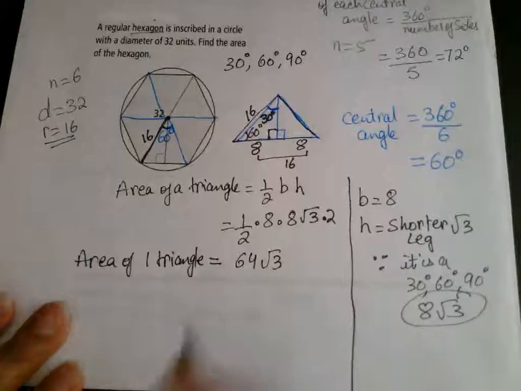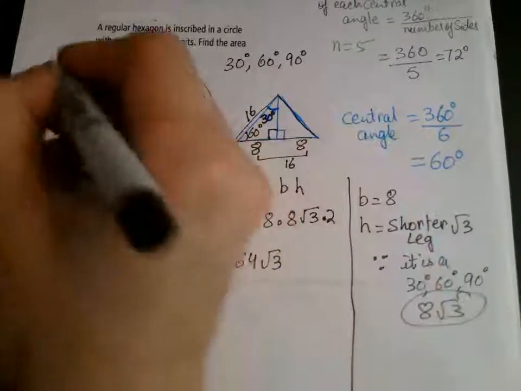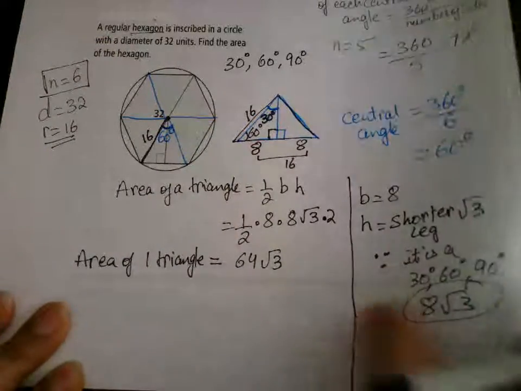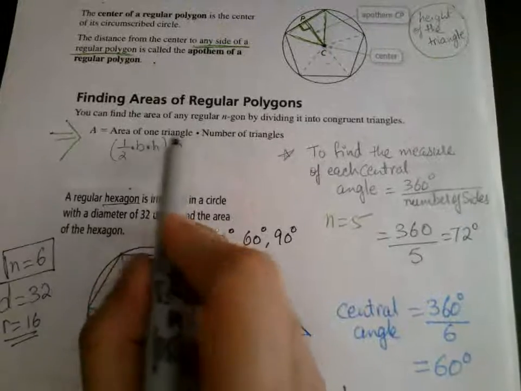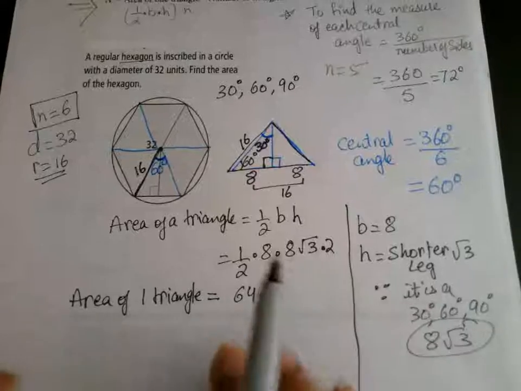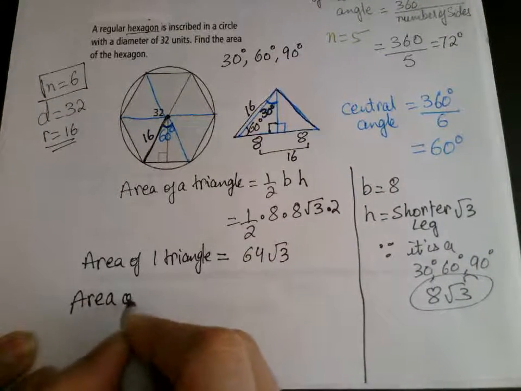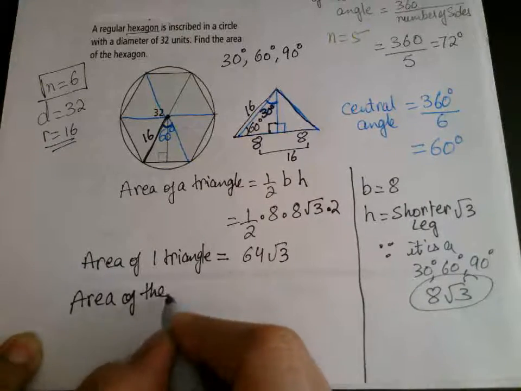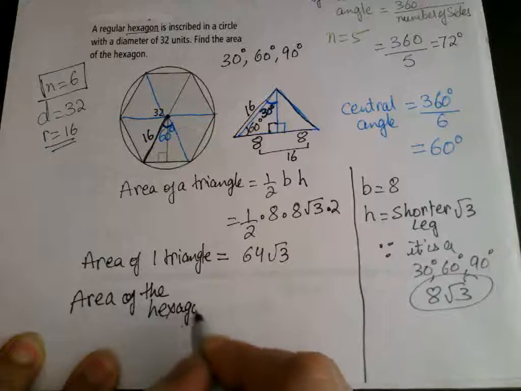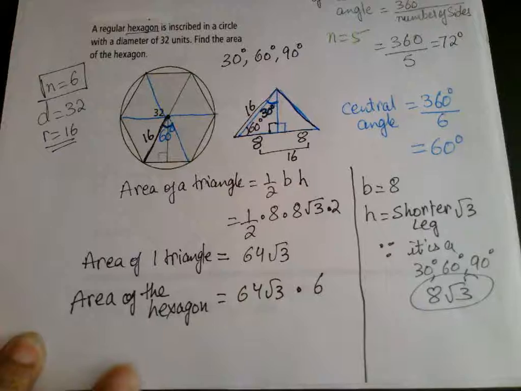And we are looking for the area of the total polygon. And how many sides are there? 6 sides. So area of one triangle times n. N is nothing but the number of triangles. And there are 6 triangles. So the area of the hexagon, because this is a hexagon, will be 64 radical 3 times 6.